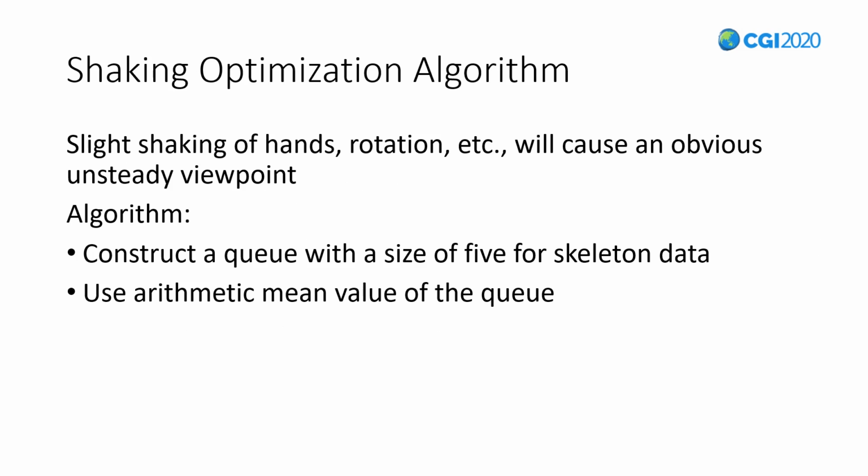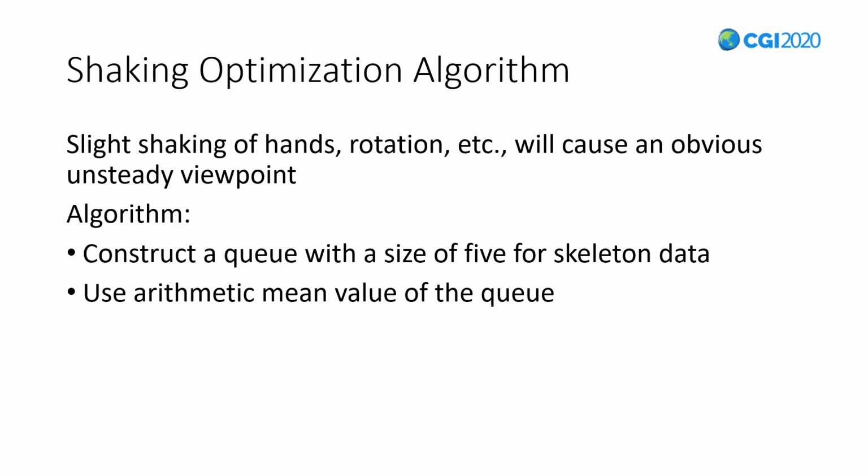The shaking optimization algorithm is used to deal with the unsteady viewpoint caused by shaking. The procedure will construct a queue with a size of 5 to contain hand position data. When the depth camera loses the position of hands, it clears the original queue and fills it with new information to avoid data from the shaking position.